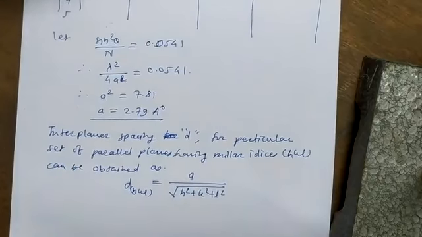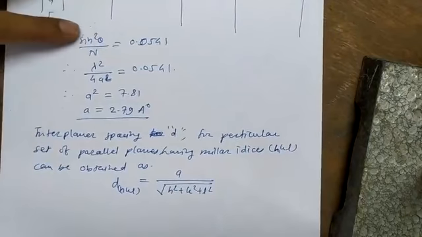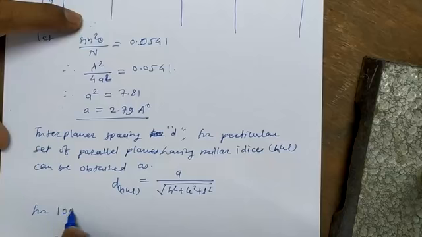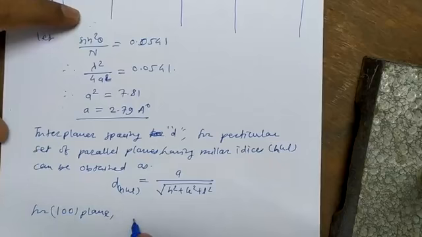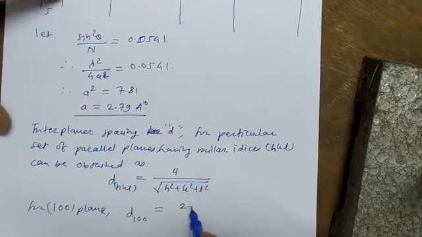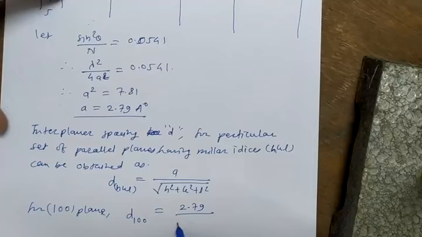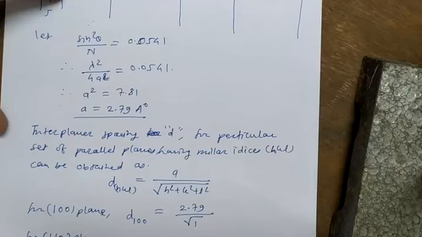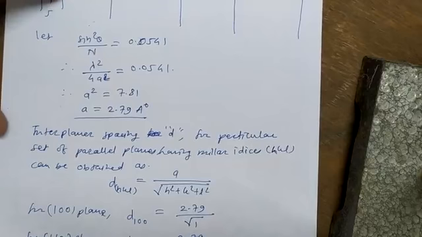Okay. Now suppose for the 100 plane, d100 can be expressed as a equal to 2.79, that is 2.79 upon under root of 1. For the 110 plane, d110 can be expressed as 2.79 upon under root of 2.